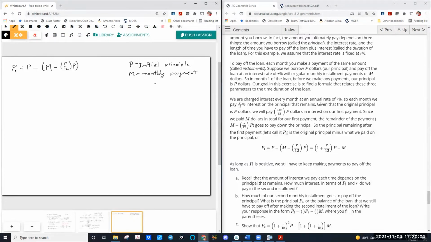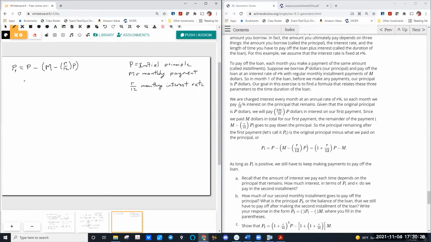It's the same every month. R over 12 is our monthly interest rate. And what happens is we're going to start to see a pattern emerge.